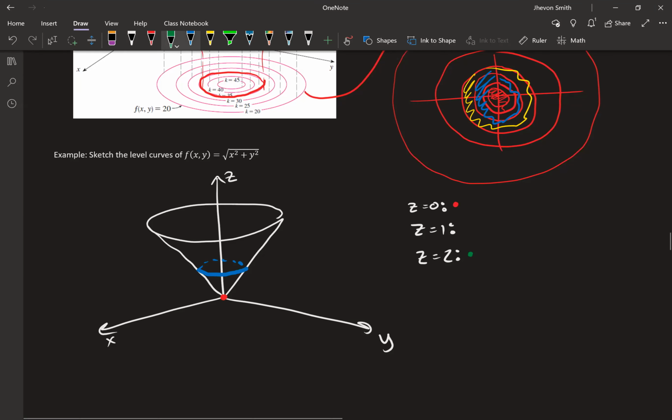And we'd get this here. Now, all of these I can trace down and create for us some level curves.